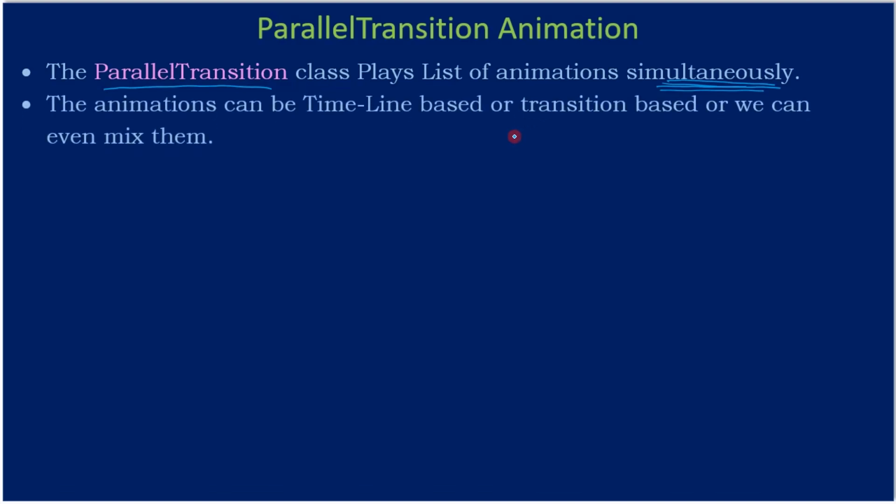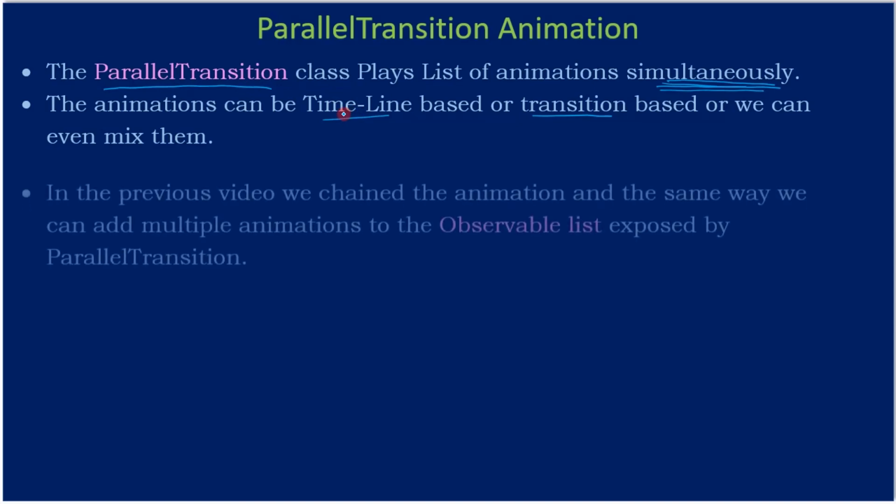The animation can be timeline based or transition based, like our previous sequential transition. The same way, parallel transition also expects animation that can be a timeline or transition based.